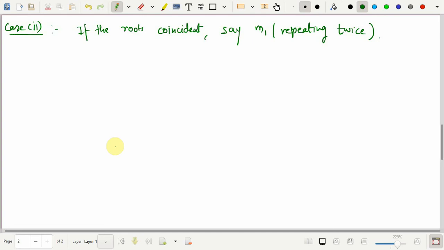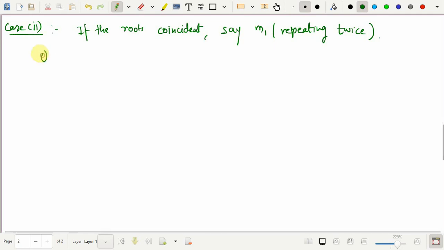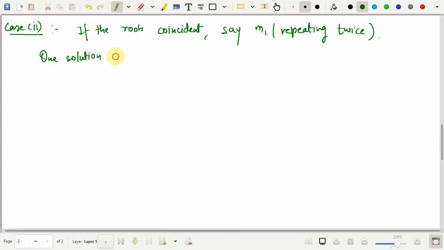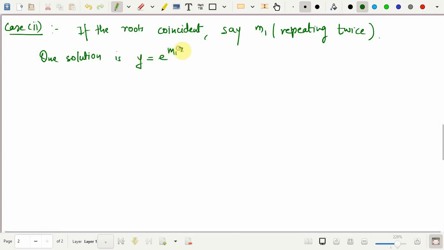and since there is no other root, we cannot directly find the other solution. So we use the previous lecture technique, that is determining the other solution, because we know one solution, so determining the other linearly independent solution from the given solution of the homogeneous differential equation. So one solution over here is y is equal to e raised to m1 x.